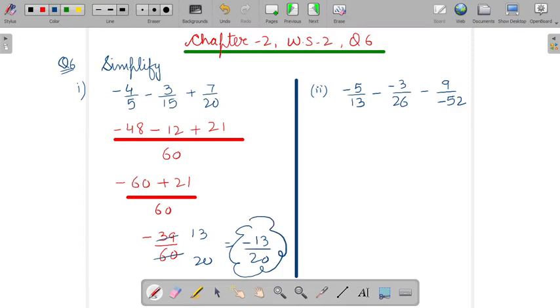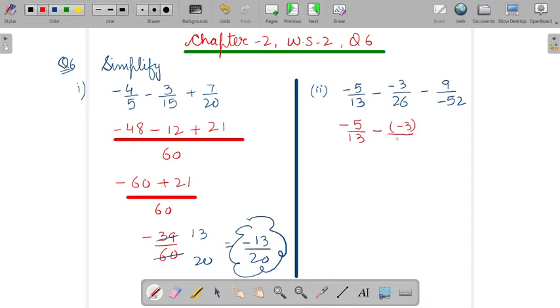So always while doing the question, if you can convert it into standard form, then you have to convert it. Now in the second part, observe it, the denominator is negative. So first step, you have to convert the denominator to positive.